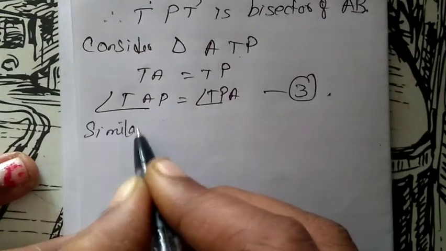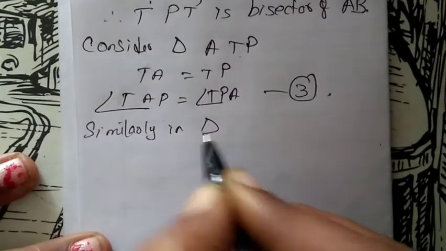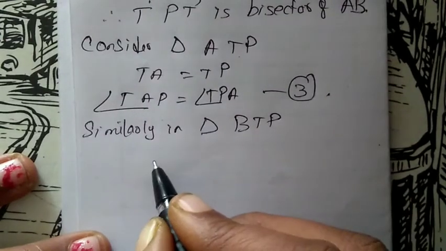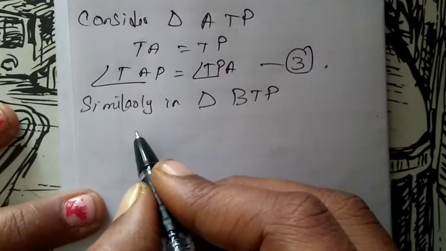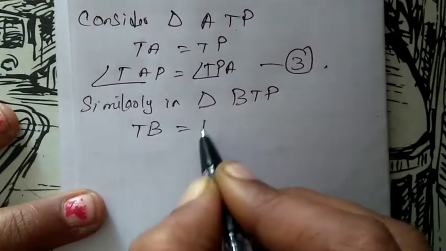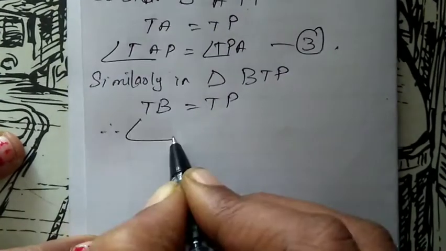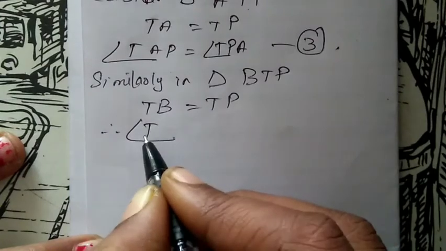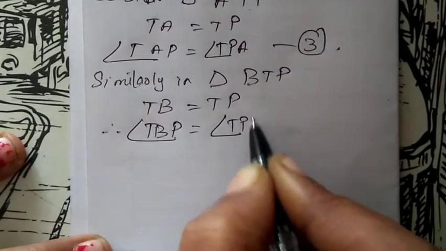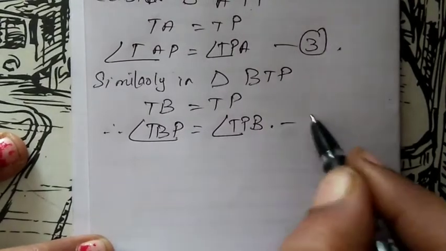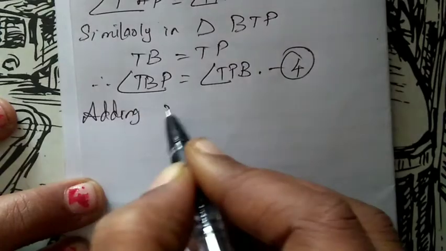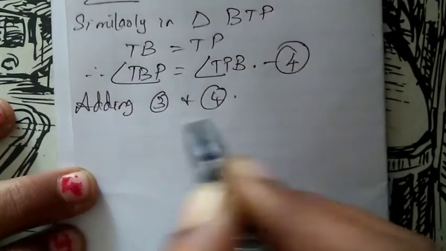Similarly, in triangle BTP, TB is equal to TP. Therefore, angle TBP is equal to angle TPB. This is fourth equation. So we add now, adding 3 and 4.